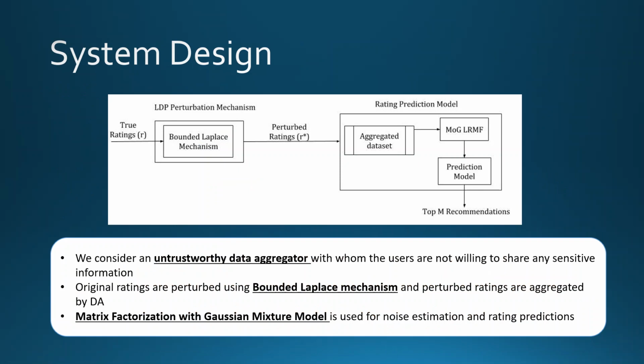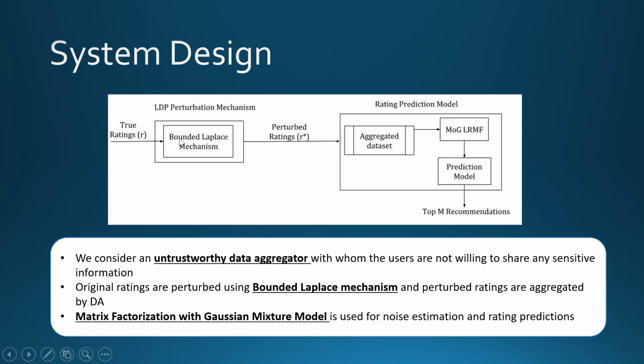This is the overall system design. As you can see, we are looking at only aggregation of ratings. On the local side, that is the user side, the user will enter the true rating, which will go through the LDP perturbation mechanism.